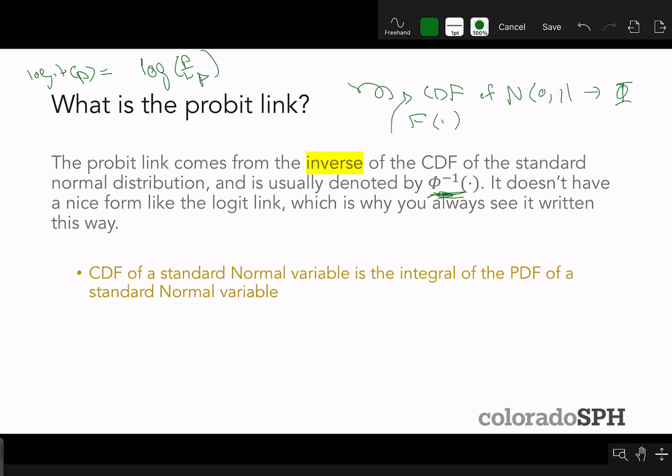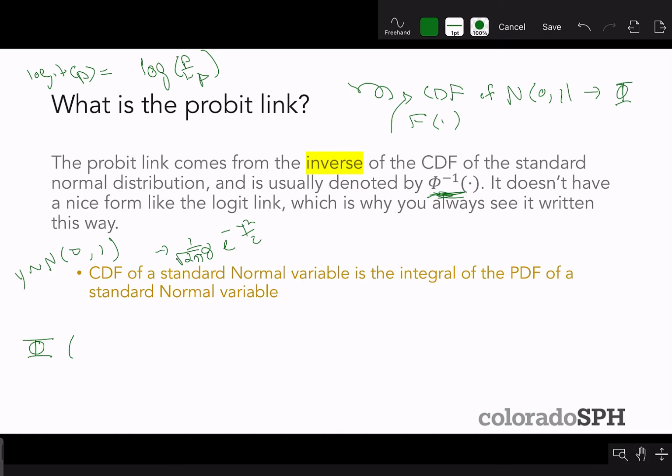So the standard normal PDF, so let's say that y has a standard normal distribution. You can write out the PDF of that. That's going to be like 1 over square root of 2 pi sigma or something times e to the negative y squared over 2, roughly that.